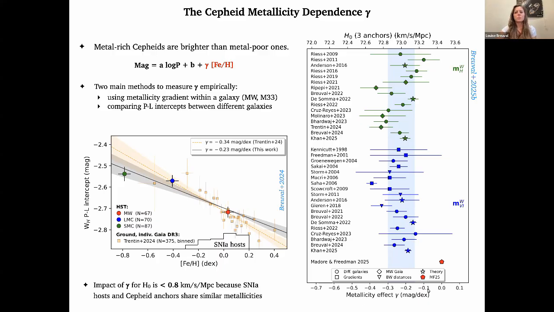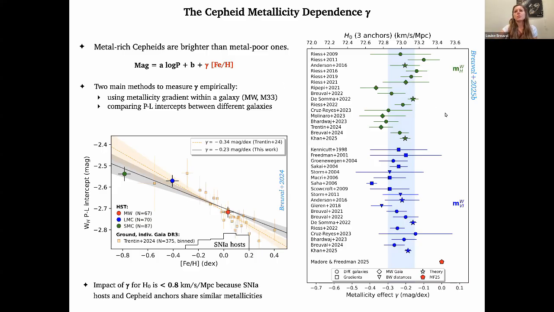And whether you assume gamma is 0 or minus 0.4, it doesn't change H naught by more than 0.8. That's mostly because supernovae hosts and the anchors are very similar. Of course, there's the SMC and LMC that are more metal poor, but now we have Milky Way and NGC 4258, which are metal rich. So the sensitivity of H0 to gamma is lower.